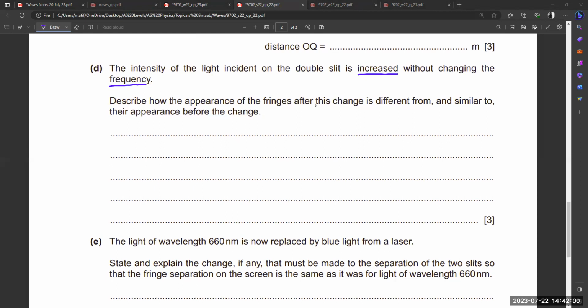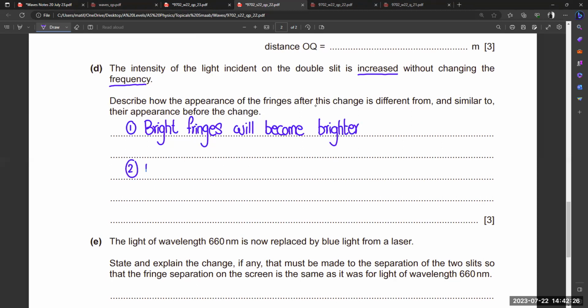So what actually happens in the first part is that your bright fringes will become brighter, because they are already bright, and if we increase the intensity, they will become even brighter. And what about the dark fringes? Any change? There'll be no change. They just stay the same, because they are already dark. So no change in the dark fringes.